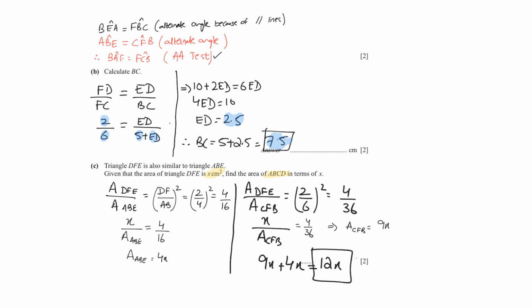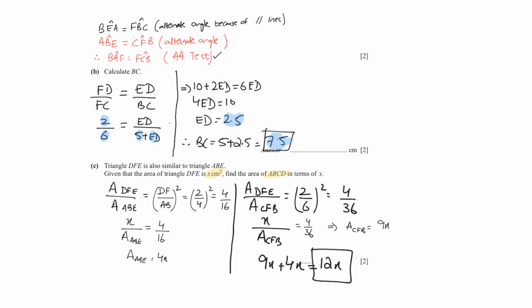Now, consider the entire triangle CFB as 36 parts. And out of those 36 parts, 4 parts refer to the area of DFE. So DFE was x, CFB was unknown, the ratio was 4:36, you cross multiply them and you get the area of CFB as 9x.